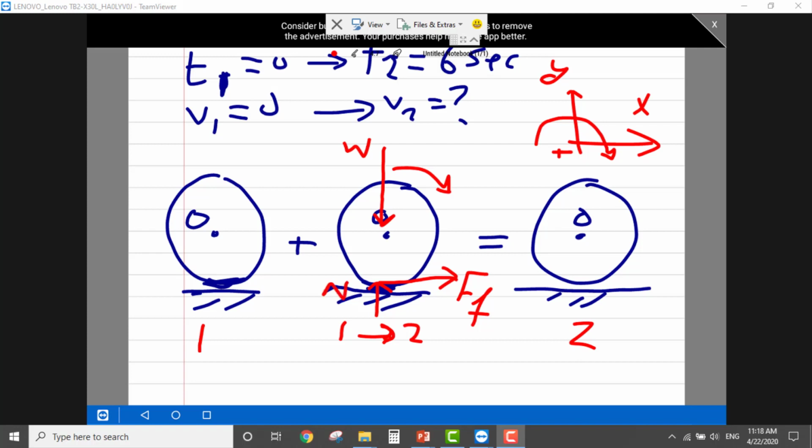In state 2, the centroid is moving to this direction with linear momentum of m v_O. Okay, and it will rotate with angular momentum of I_O ω.